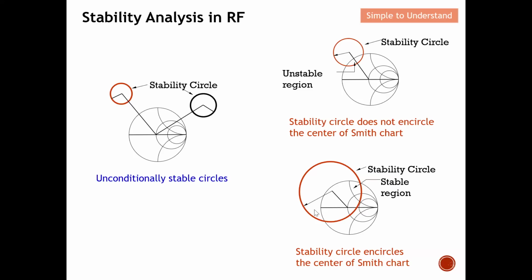The circle cuts inside the center point of the Smith chart. Again, as I mentioned earlier on, the center point of the Smith chart is always stable. So this part here will always be stable, and the rest of the zone will be unstable. I hope I have given you some idea how we can do some form of stability analysis in RF.